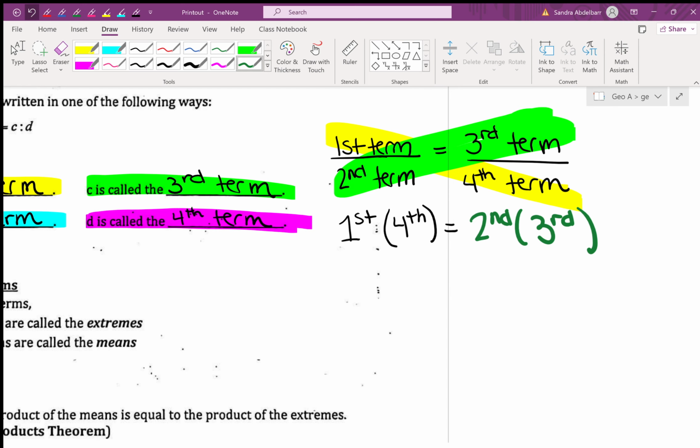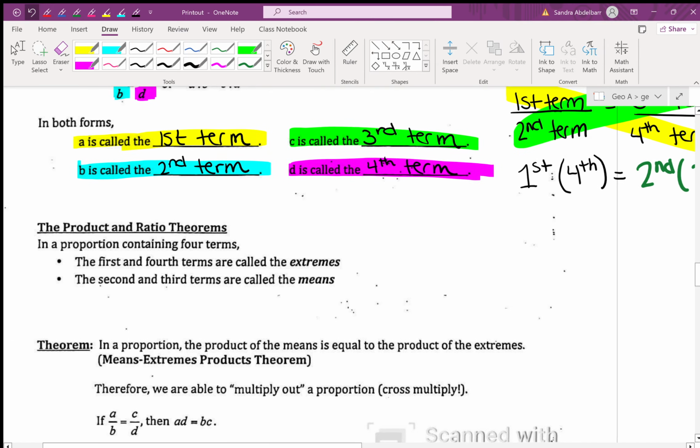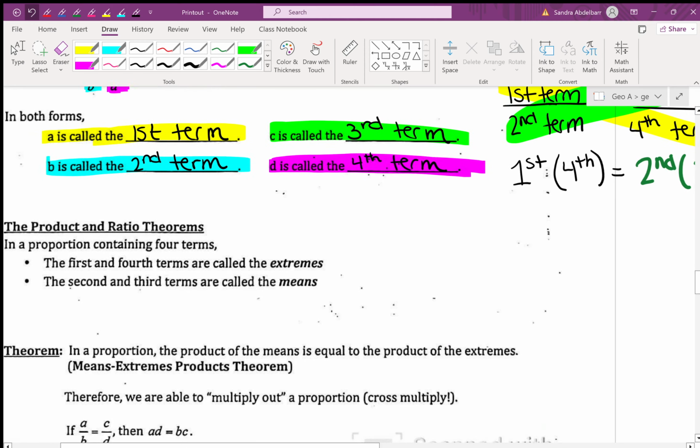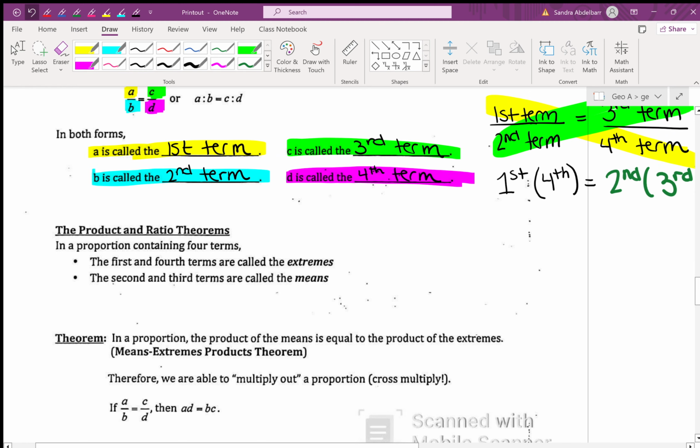Okay, now there's more names, more vocabulary coming into play. So anytime you have a proportion, the first and fourth term, so spot 1 and spot 4, they're called the extremes. And this will come into play when we do proofs. The second and third term, they are called the means. So 1 and 4, the extremes, 2 and 3, the means.